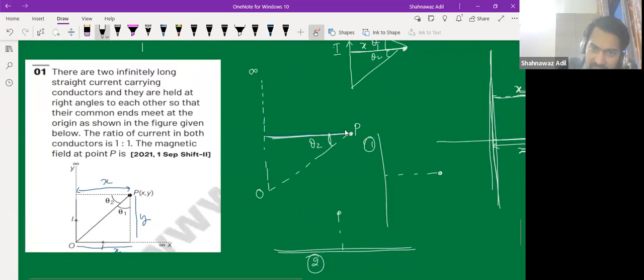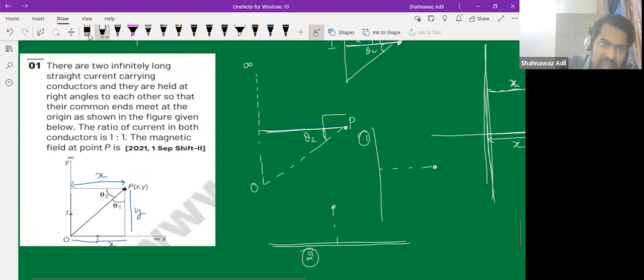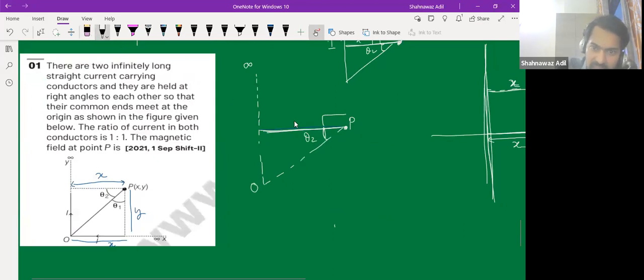So one angle is 90 degree and the other angle is theta 2. Let me erase this part. Applying the finite wire formula, this is x distance, and we are calculating on the right hand side.